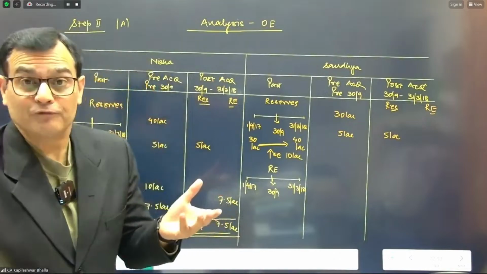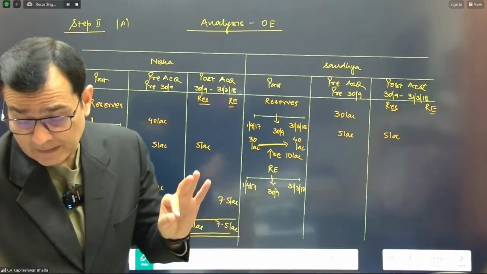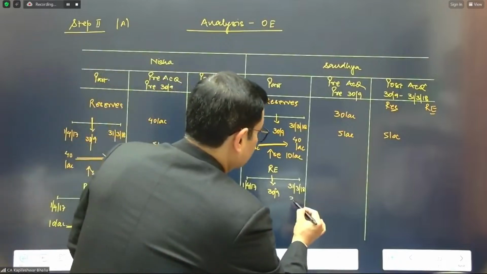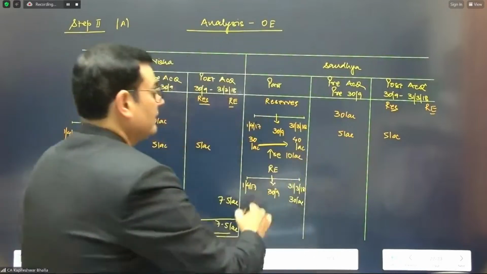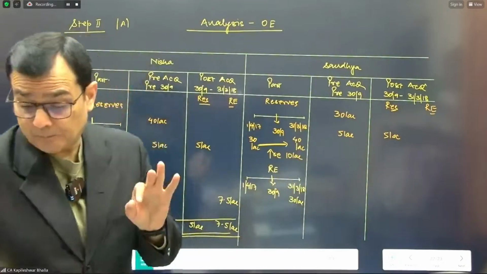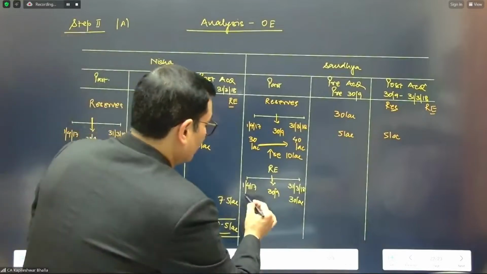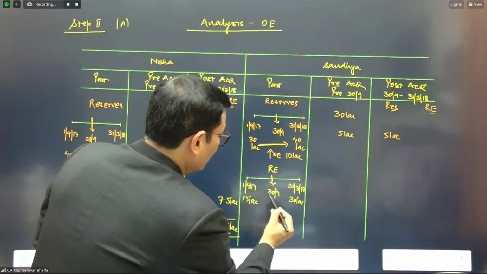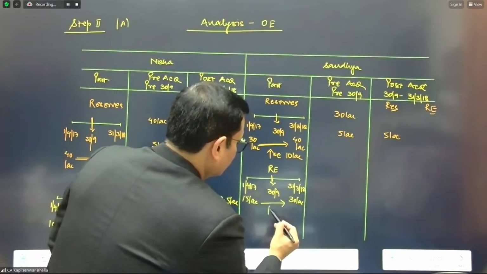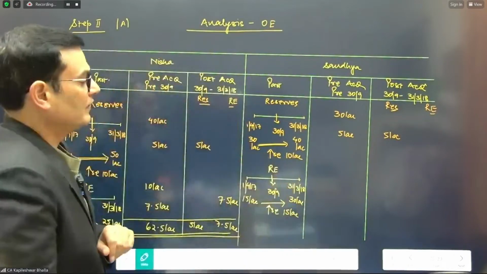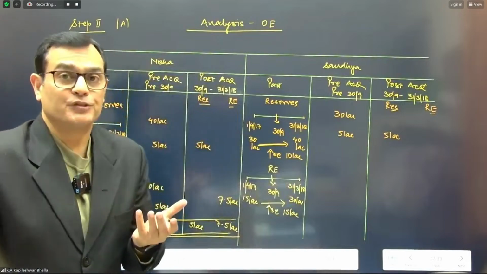Let's again pick up the information from the balance sheet. The retained earnings of Sandhya is given 30 lakhs at the end of the year. And in the additional information in point number 3, the retained earnings is appearing to the extent of 15 lakhs at the beginning of the year. So there has been an increase to the extent of 15 lakhs during the year. So here again, the same analysis follows.